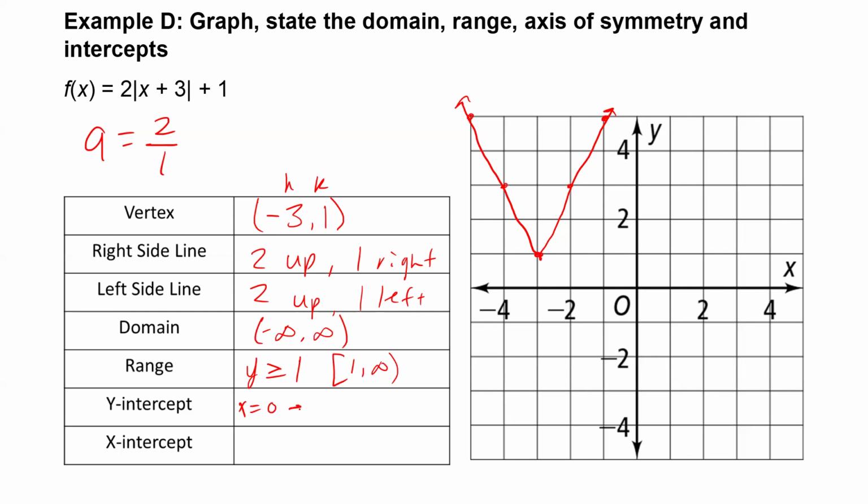When we plug in 0 for x, we end up with 2 absolute value of 0 plus 3, plus 1. 0 plus 3 is 3. Absolute value of 3 is 3. 3 times 2 is 6, plus 1 is 7. So our y-intercept would be at 7.